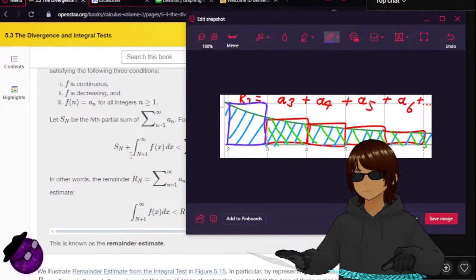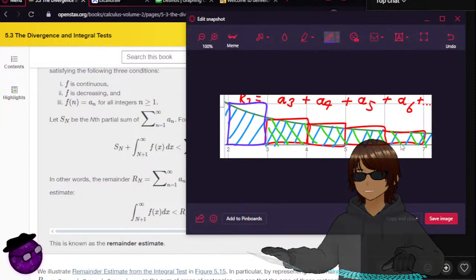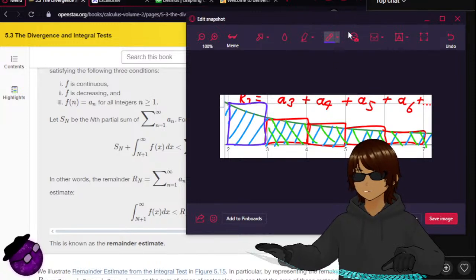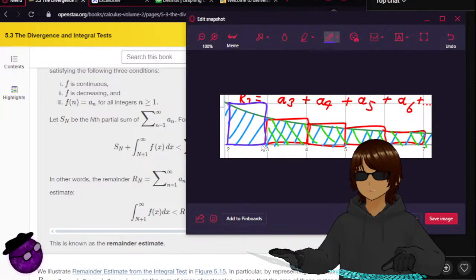So Sn plus the rest of the green area, the partial sum which we have calculated so far plus the green area. That would be the lower bound, so the green area would be smaller than the partial sum plus the red boxes.